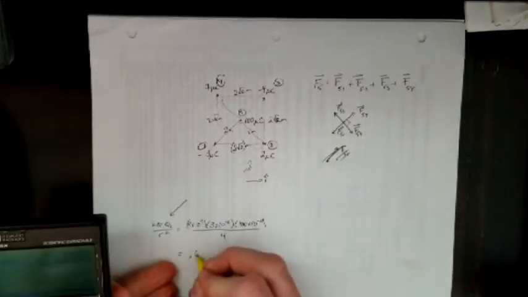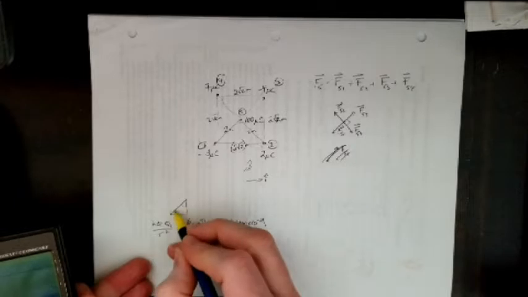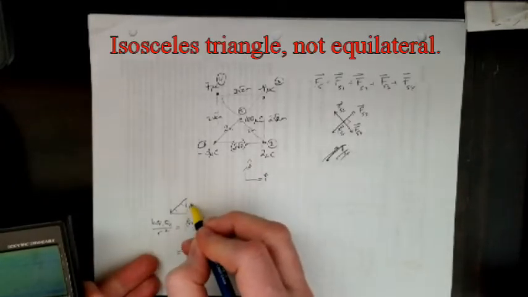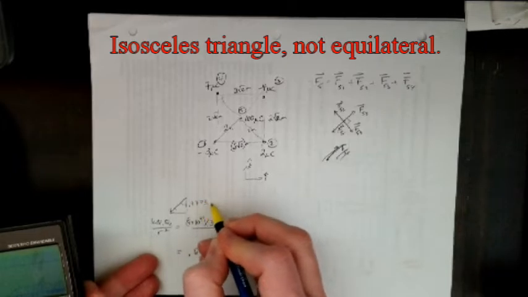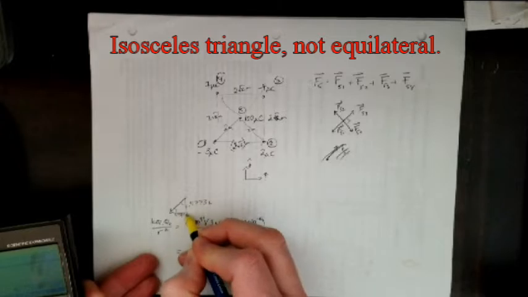And I get 0.675 newtons down and to the left. I know that's a 45-degree angle there, so 45 cosine times, it is an equilateral triangle. So what I end up with is 0.4773 newtons and 0.4773 newtons.